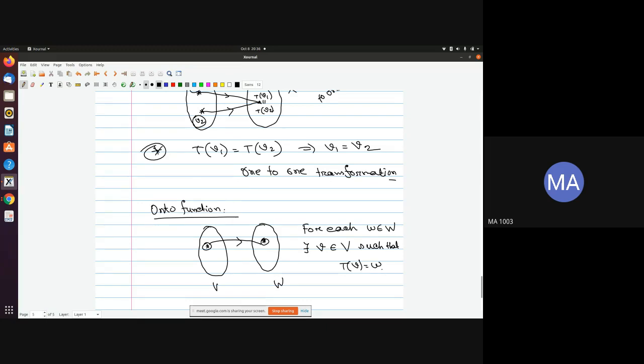We are taking any element from W, this small w. There should be a pre-image of that. What is the meaning of pre-image? There should exist some v inside my domain for which the output is w. Clear? At least the definition is clear pictorially.